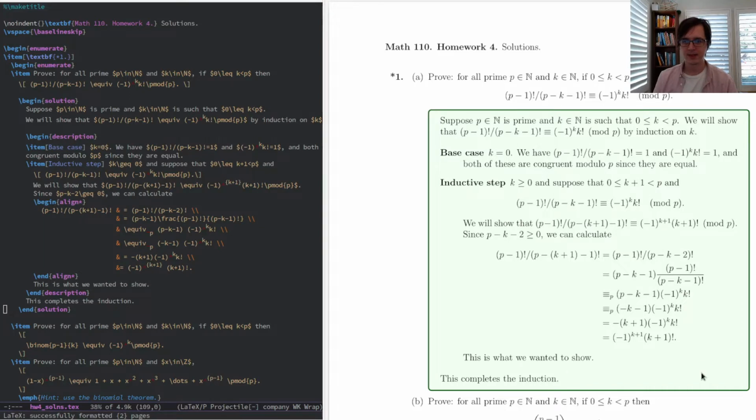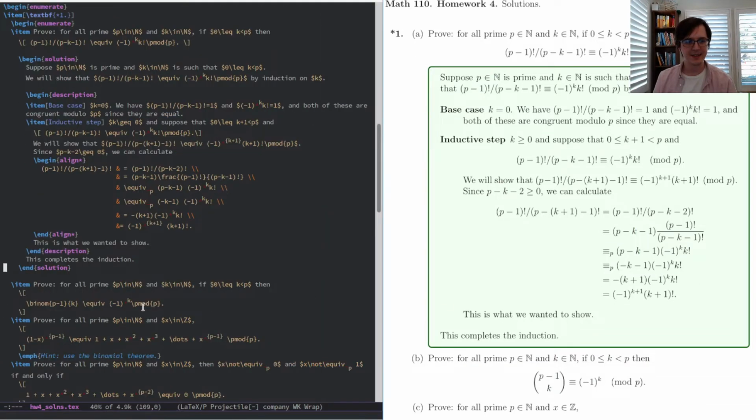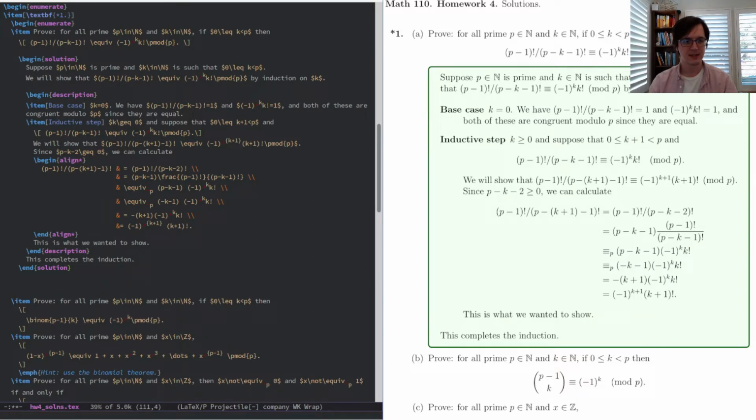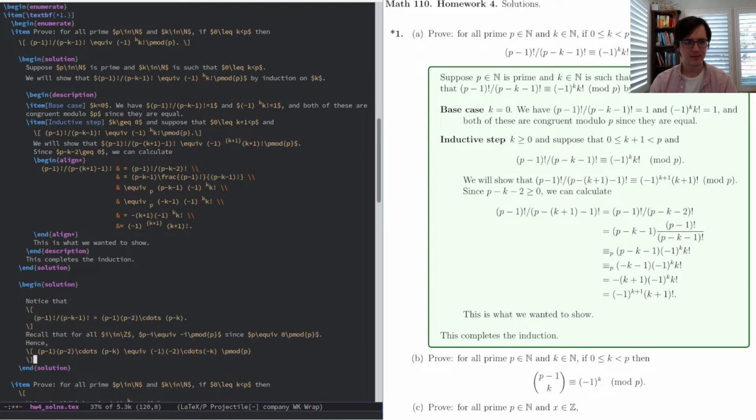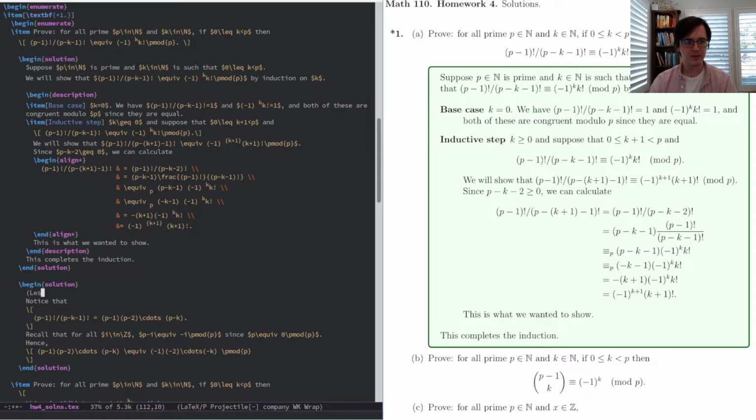Okay. Yep, so that's a way to do it. The key thing is what I deleted. Maybe I'll add that back. So this is a less rigorous but more intuitive solution.